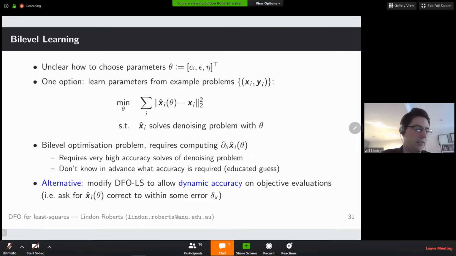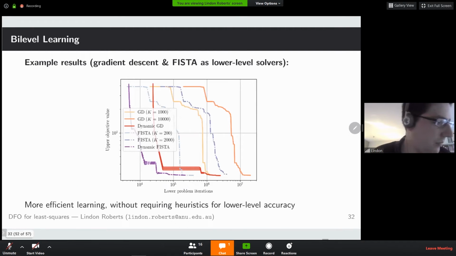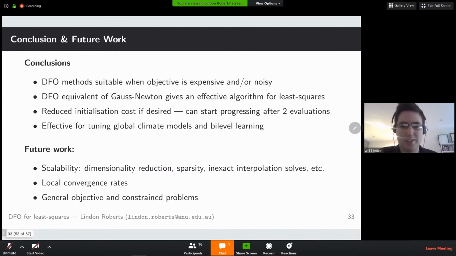So DFOLS asks, please evaluate my objective, in this case, essentially evaluate x hat, to within some prescribed error tolerance that DFOLS selects, and that tolerance will decrease as you converge to the solution. So you start off with inaccurate evaluations, and then you increase the accuracy that you ask for as the algorithm progresses. But that's probably the subject of an entire seminar at some point.